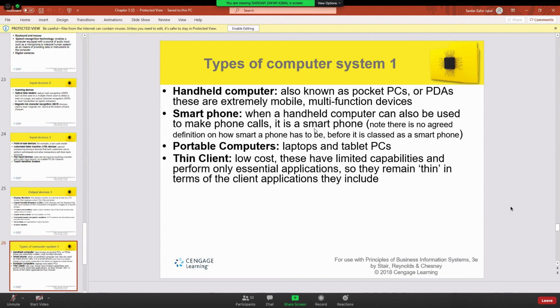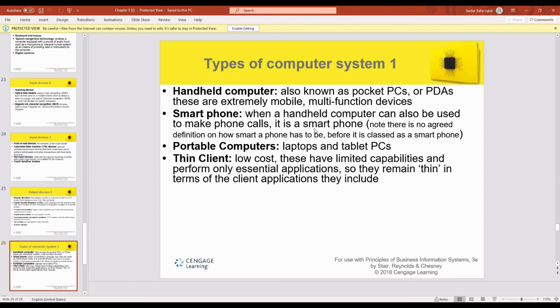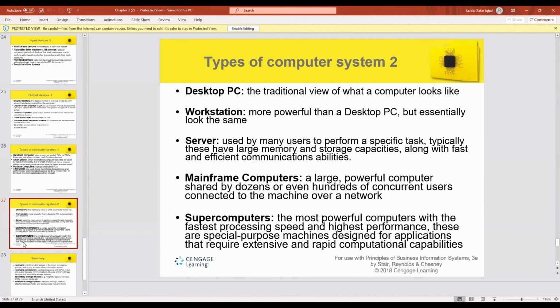But in offices, it is still working. Workstation: more powerful than a desktop PC, but essentially looks the same.